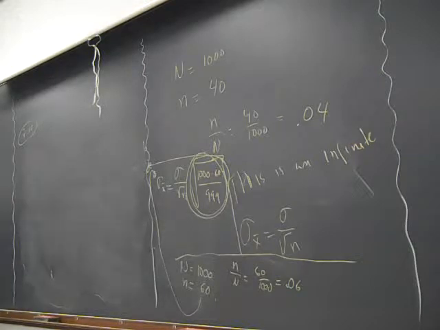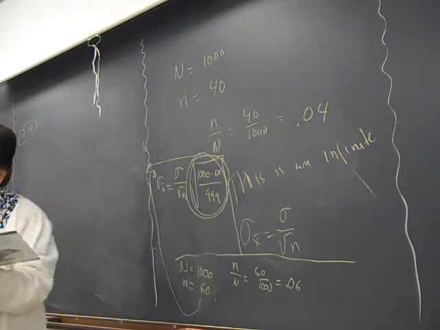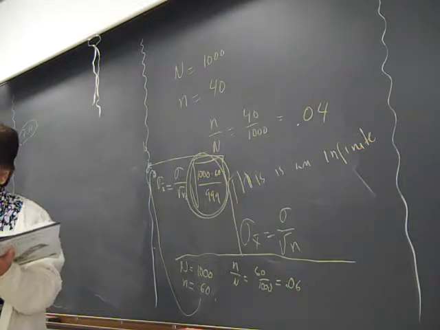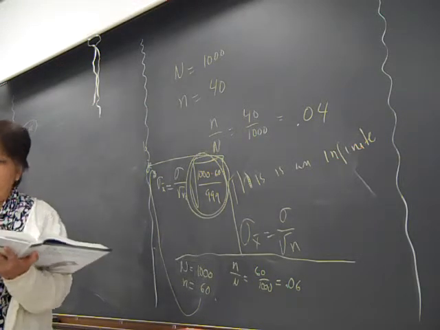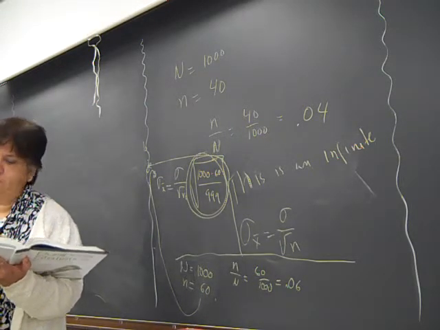It says: identify the symmetrical interval that includes 95% of the sample means for a population with mean equal to 45.